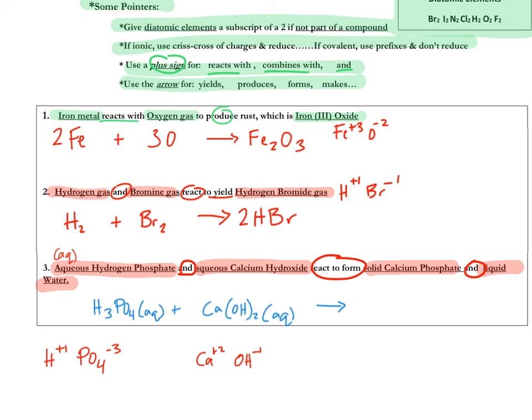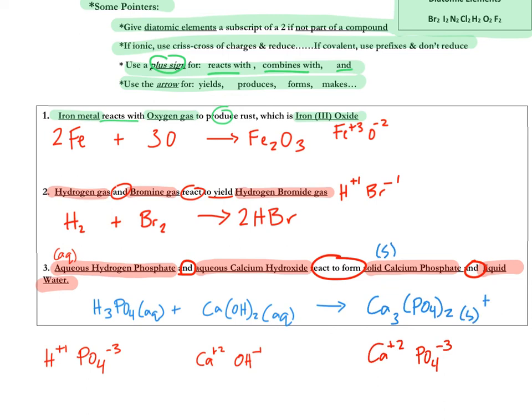So let's see what calcium phosphate would be. Calcium is +2. Phosphate is -3. So when I cross the charges, I get Ca3(PO4)2. And this is a solid, so I indicate that with my parentheses.